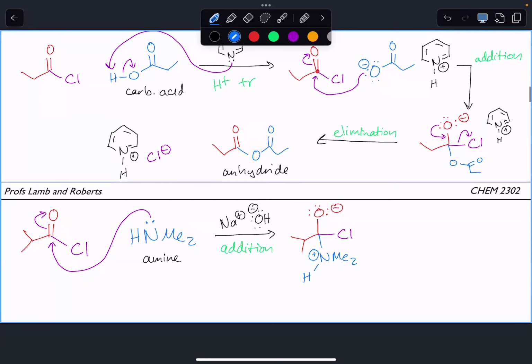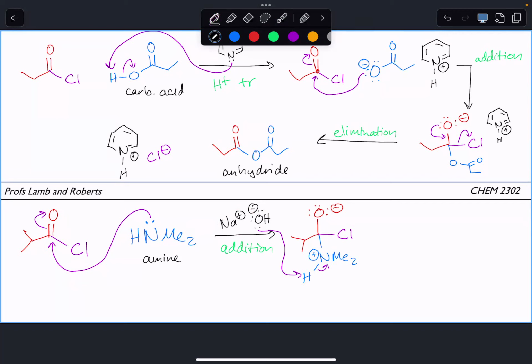Now we have a positively charged nitrogen here. Now this proton is much more acidic, and our base can come in and deprotonate that. The base can pull off that proton.